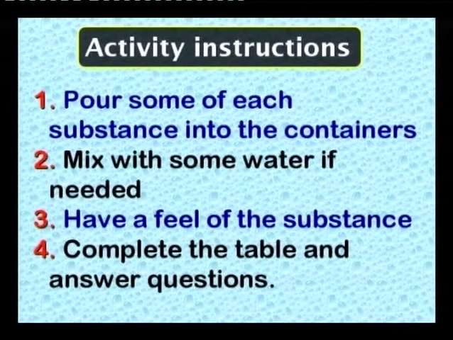Okay, you start with the first substance and then go on to the next one, according to what you have here. What will you start with? You must have a feel of it. Make sure you dip your finger in.